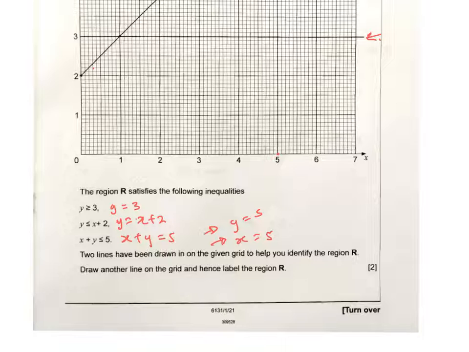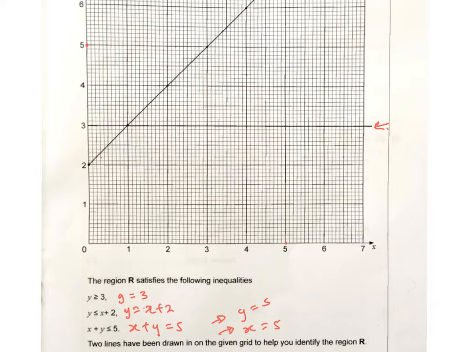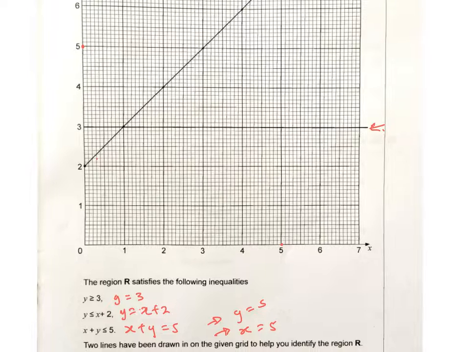Now I take my ruler and draw a straight line joining 5 and 5. Okay, like that. And this is the line x plus y equals 5.